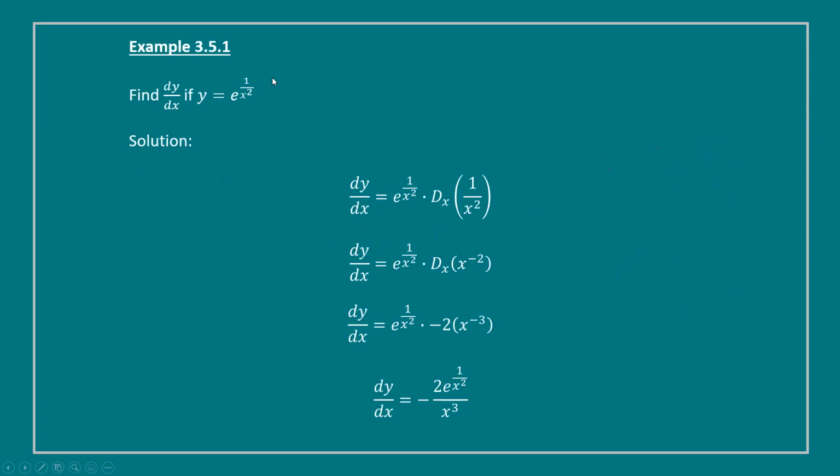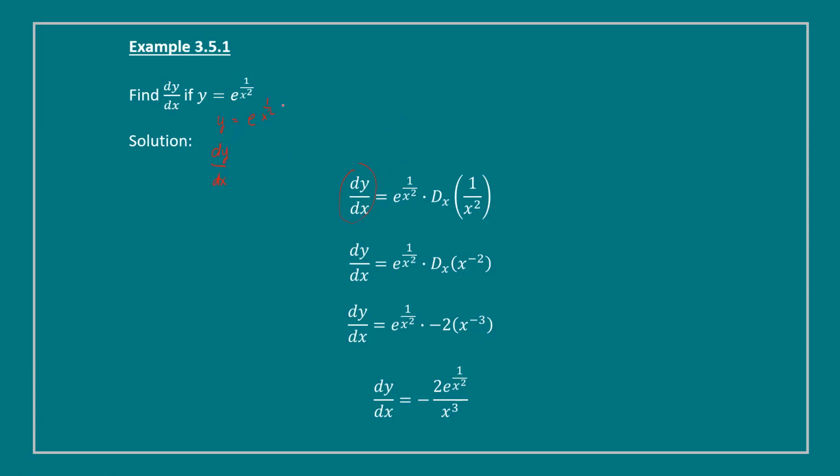So try looking at this example. So that's y equals e to the power of 1 over x squared. So again, getting the derivative. Since it's presented as y equals e to the power of 1 over x squared, the left hand side is dy over dx. Okay, so don't be confused by that term.